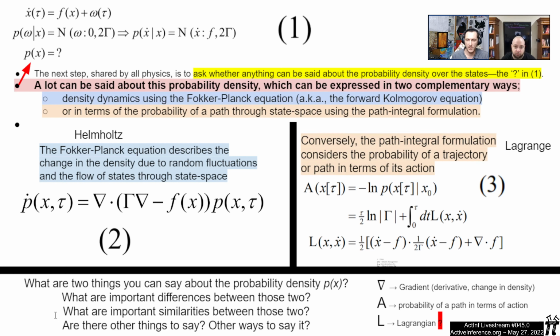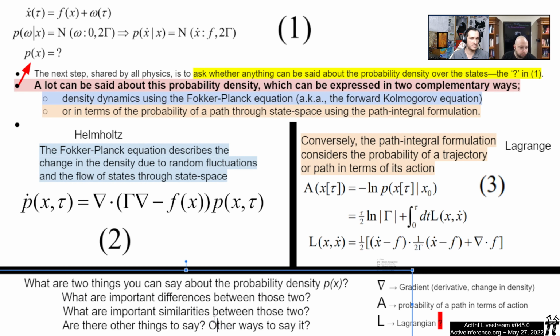So, what are two or more things that you can say about the probability density? What are two complementary ways that it can be expressed? What are important similarities and differences between this Fokker-Planck formalism 2 approach and the path integral formulation of formalism 3?